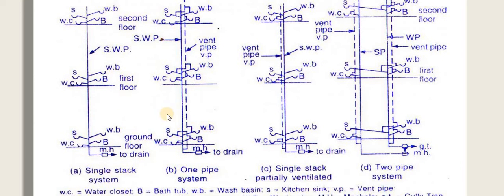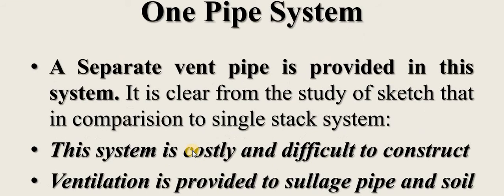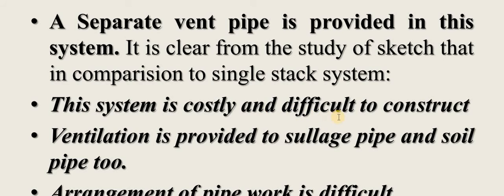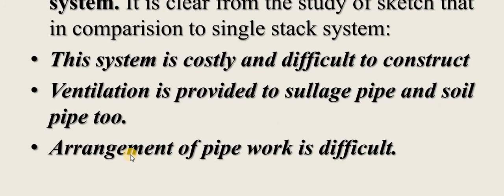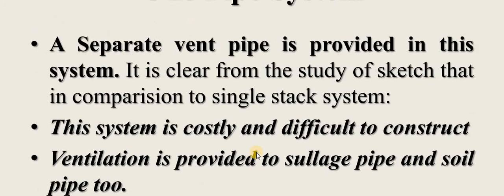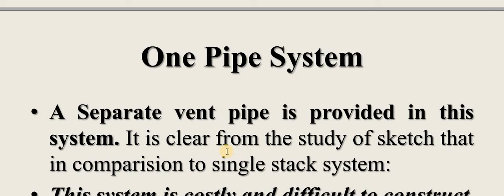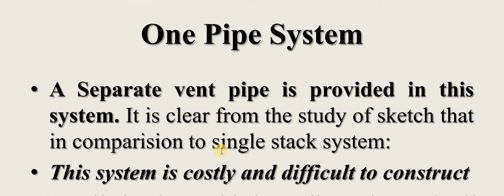So moving ahead into the next system, that is the one pipe system. We will see first of all the theory. A separate vent pipe is provided in this system. It is clear from the sketch that in comparison to single stack system, this system is costly to construct. Ventilation is provided to the waste pipe and soil pipe too. Arrangement of pipe work is difficult, meaning it is an improved system over the single stack system.